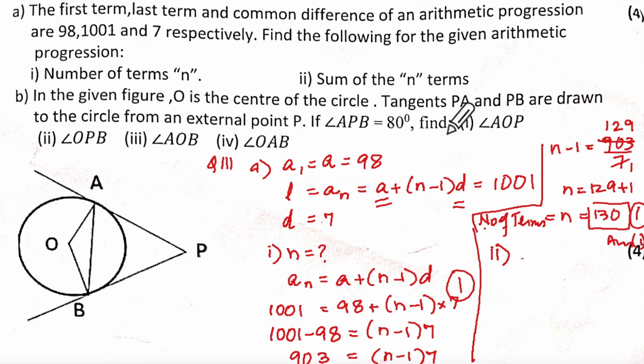Now they say sum of. So Sn is equal to, tell me, n upon 2 into bracket. Very good. So n is how much? 130. A is 1001 plus 98. A is 98.